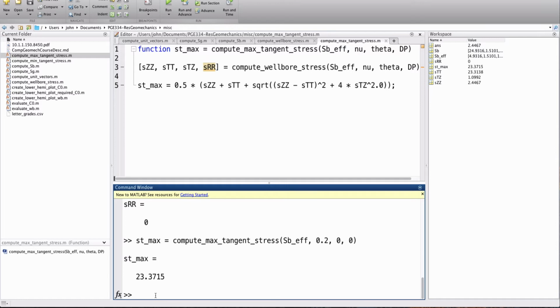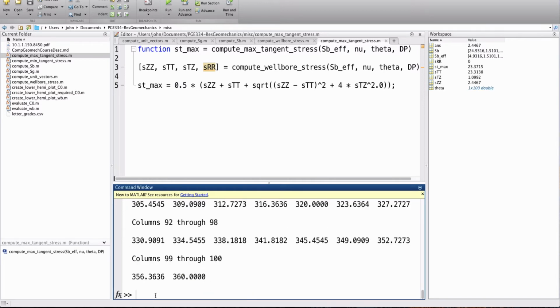Right? And so more likely what you'd want to do is, let's say theta equals linspace 0 to 360 in 100 increments, right?